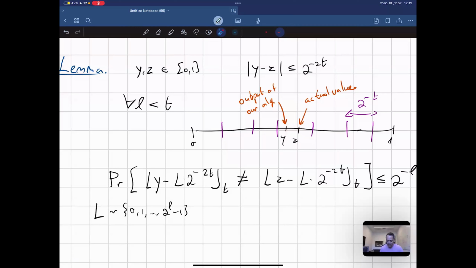So this lemma tells you that if you invest some more randomness, L bits, and take the answer that you got, I mean, you don't know z, shift it using L, and then truncate to t bits, so you're losing accuracy a little bit, then with high probability, except with this probability, you're going to get the exact same value as if you would have done that to the right answer.